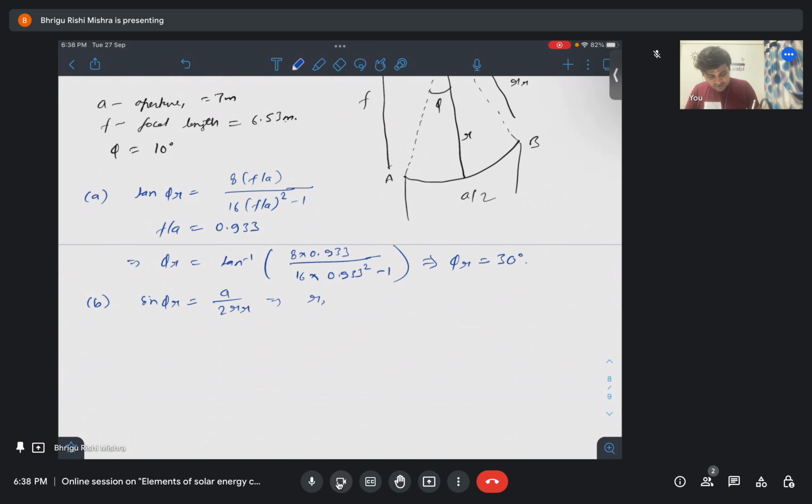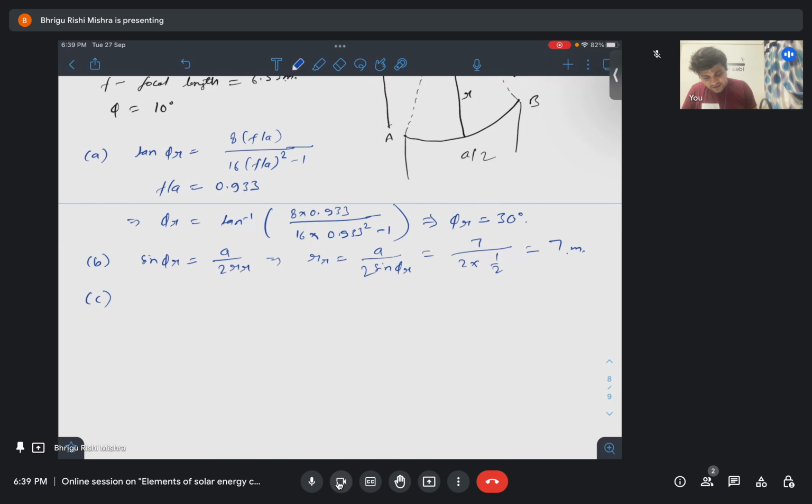So RR equals a by 2 sine phi r. Here a is 7, and sine phi r, that means sine 30, is half. So this radius is also 7 meter.